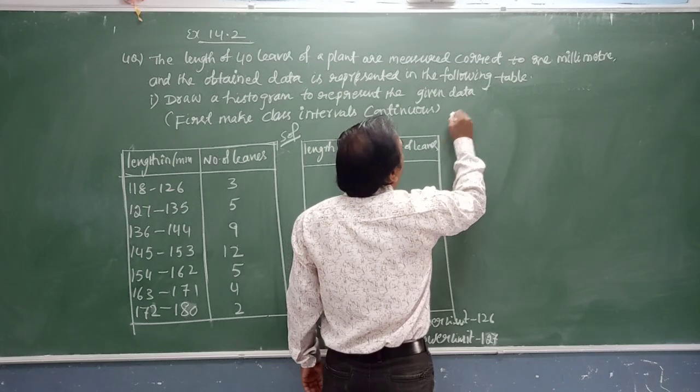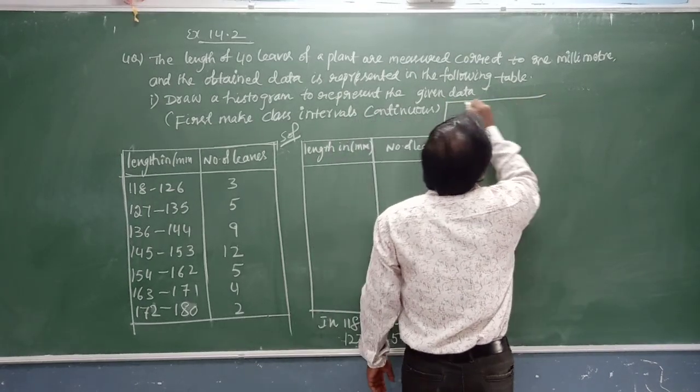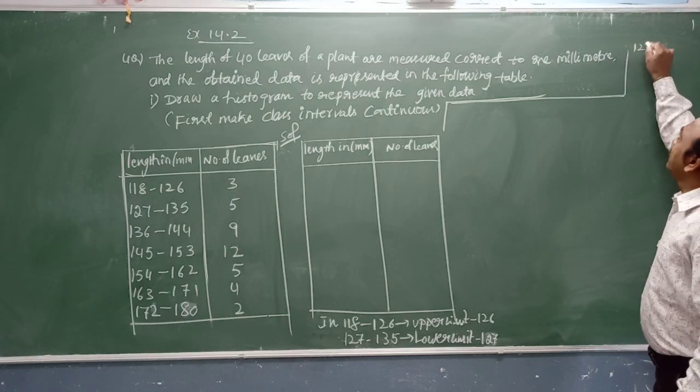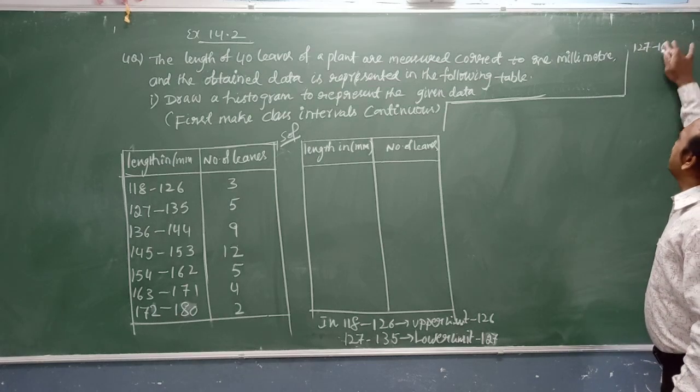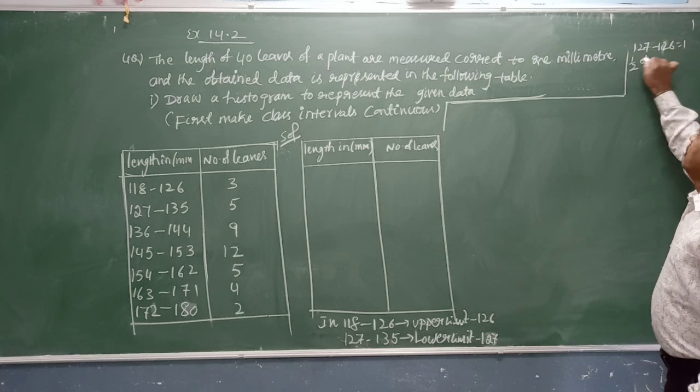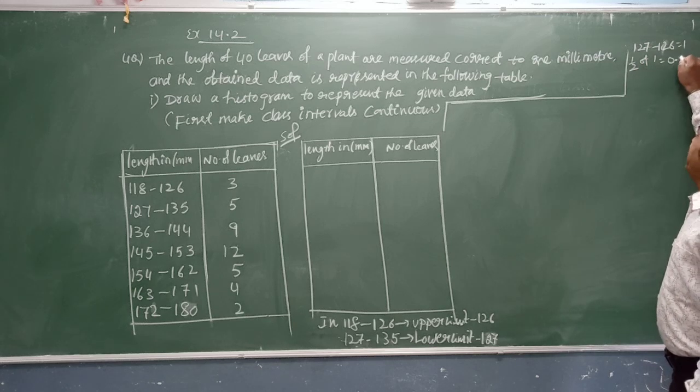127 minus 126 is equal to 1. Half of 1 is equal to 0.5.